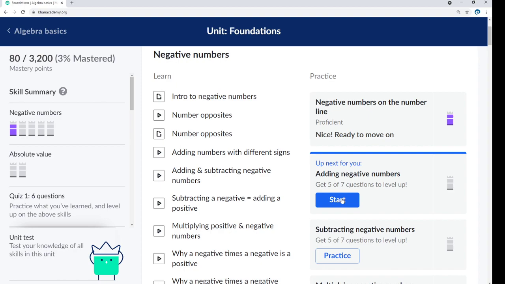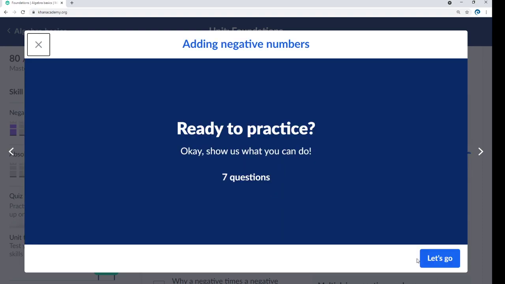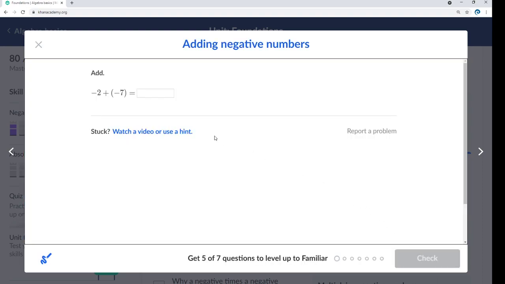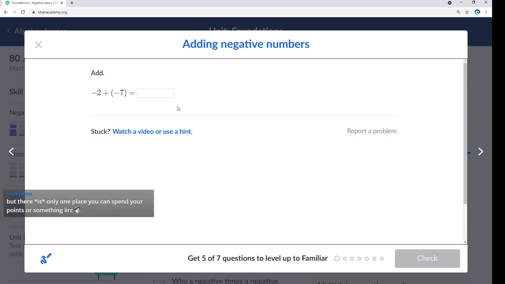All right. So now we're going to start adding negative numbers, which is where things get super exciting. I'm hoping this is where the excitement is about to kick off. So -2 plus -7. So when you add negatives, it just gets more negative, right?